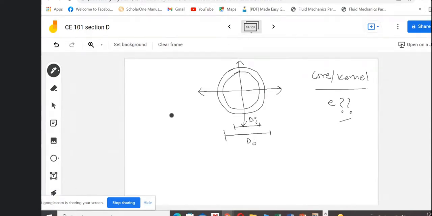Go by the definitions, then there will be no mistakes, no miscalculation.